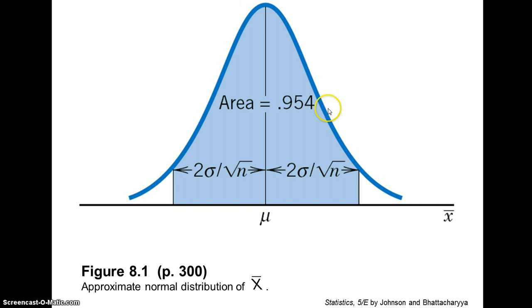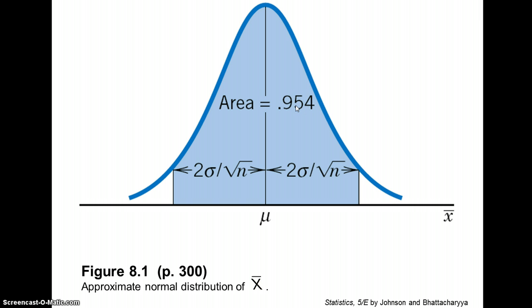For example, the shaded area here is equal to 0.954, so that's about 95.4% of the entire area under the curve. That means the chance of the average falling from the left point here to the right point here is 95.4%.